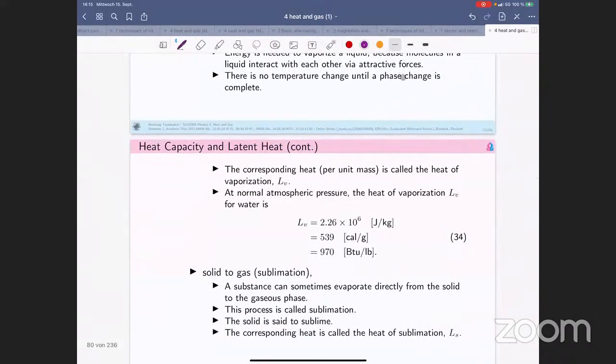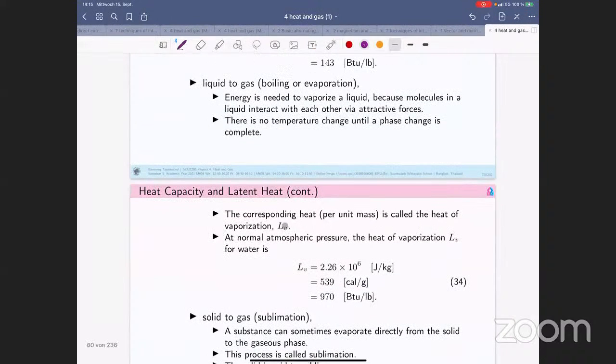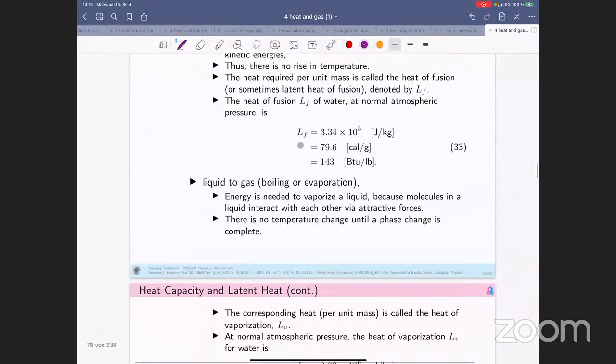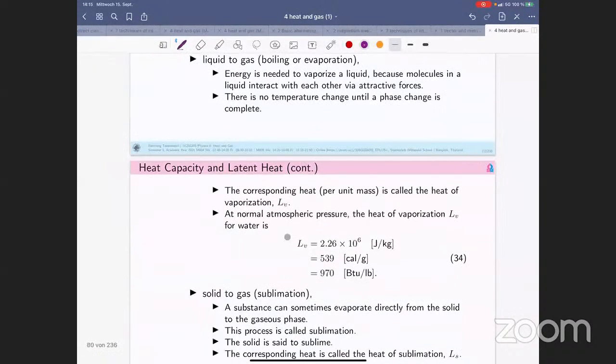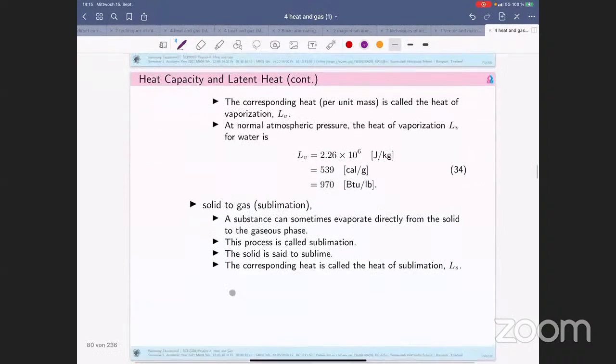There is no temperature change until phase change is complete. The corresponding heat per unit mass is called heat of vaporization. We're going to use LV. From solid to liquid, we use LF. And at normal atmospheric pressure, the heat of vaporization for water is 2.26 times 10 to the 6, or the value in calories per gram or BTU per pound.